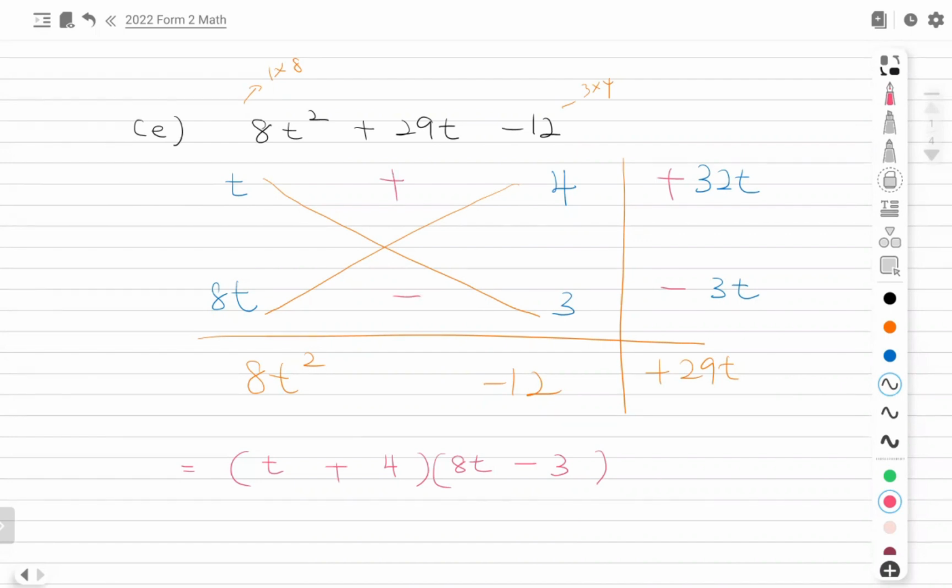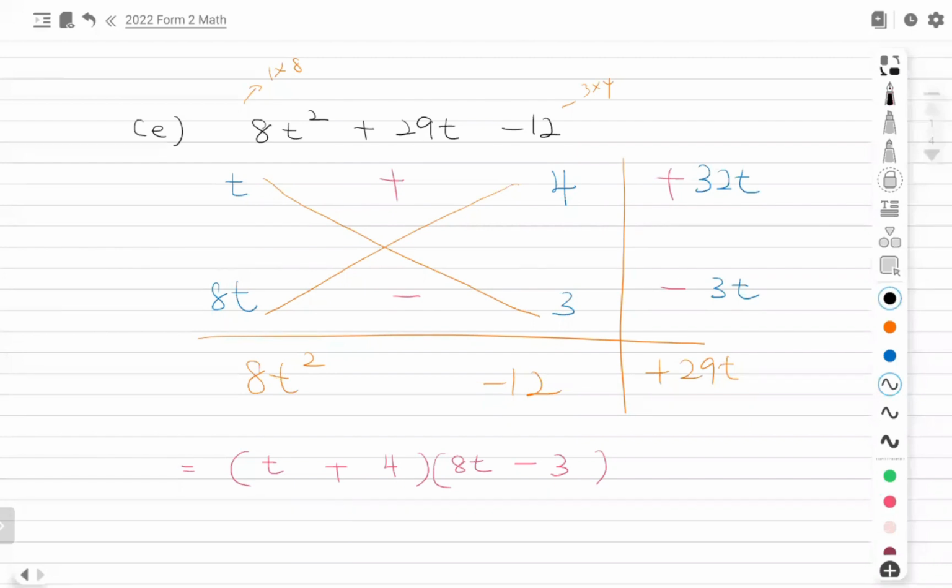Okay, can you take out your Saspadi book, the green color one? Then turn to page 6. We do section B together. Factorize the following expressions using cross multiplication.